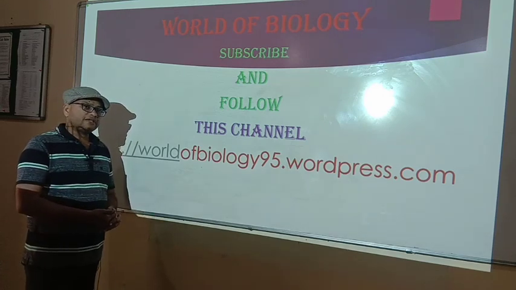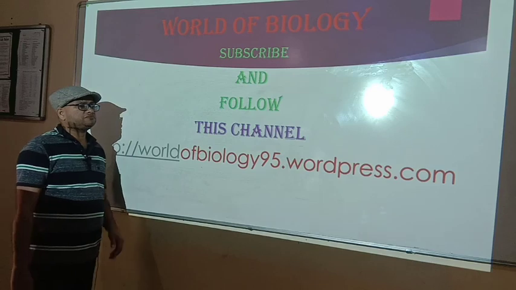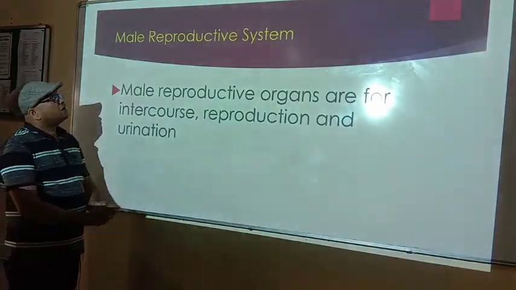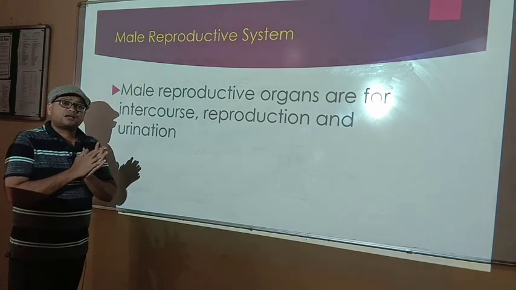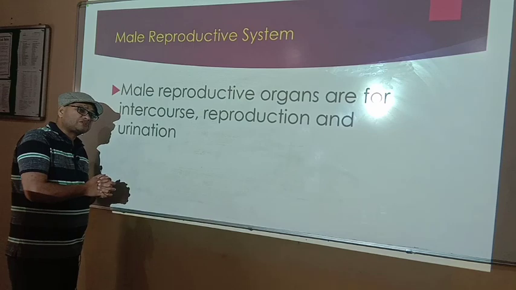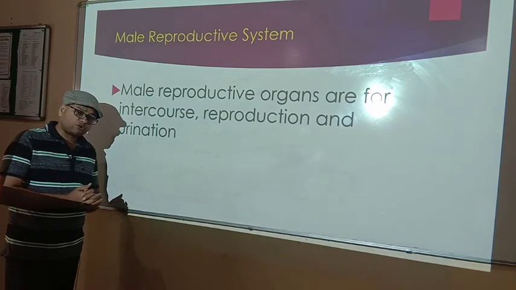Now we start the human reproduction. Human reproduction contains two types of reproductive system, the male reproductive system and the female reproductive system.